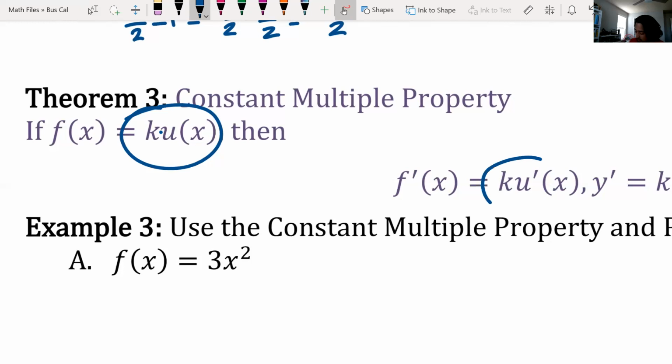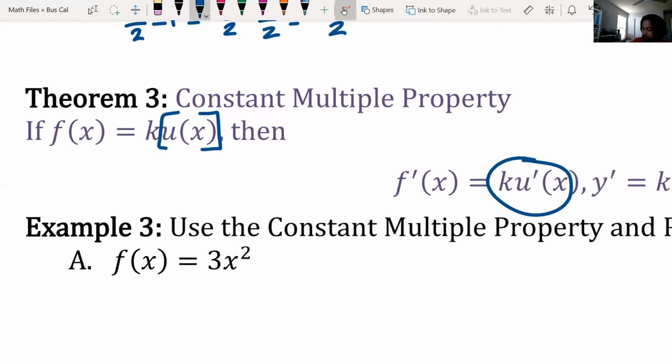So here again, you have k times u prime of x. So all this wants you to do is take the derivative of the function, and then you'll multiply that constant back in, giving you k times the derivative of that function. That's all it says.